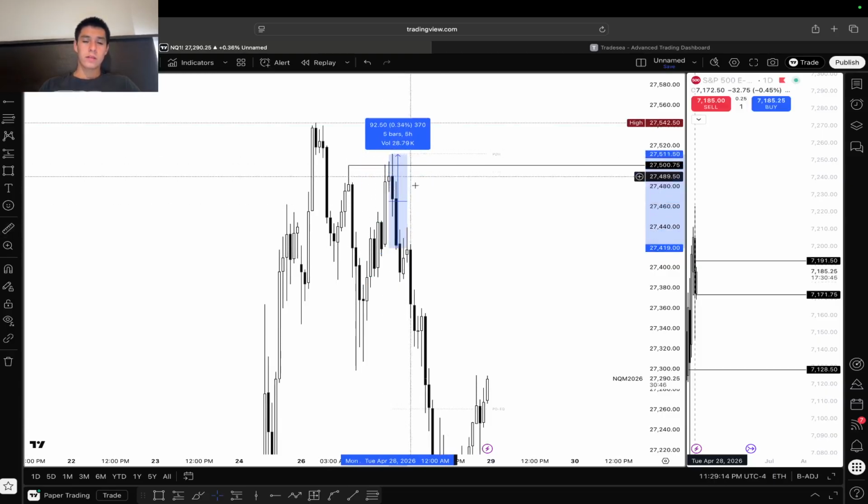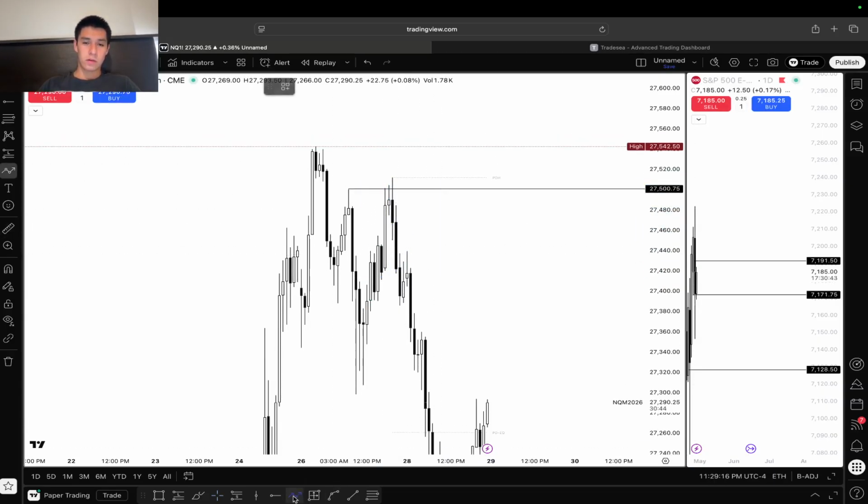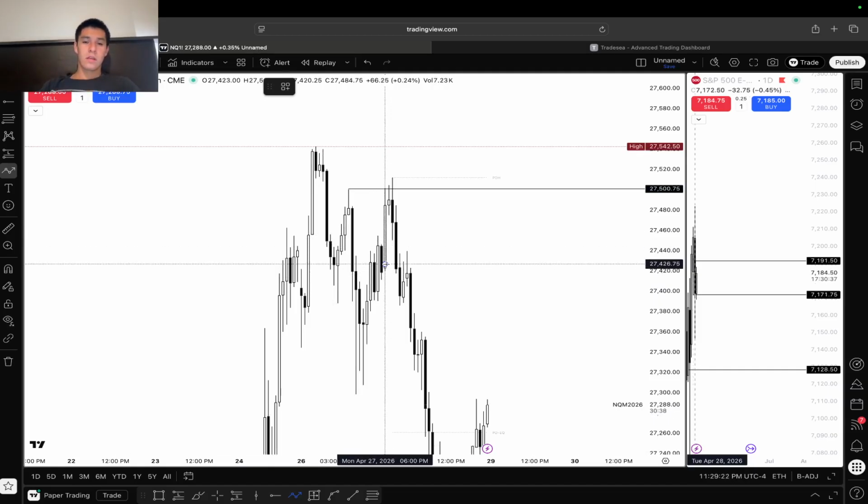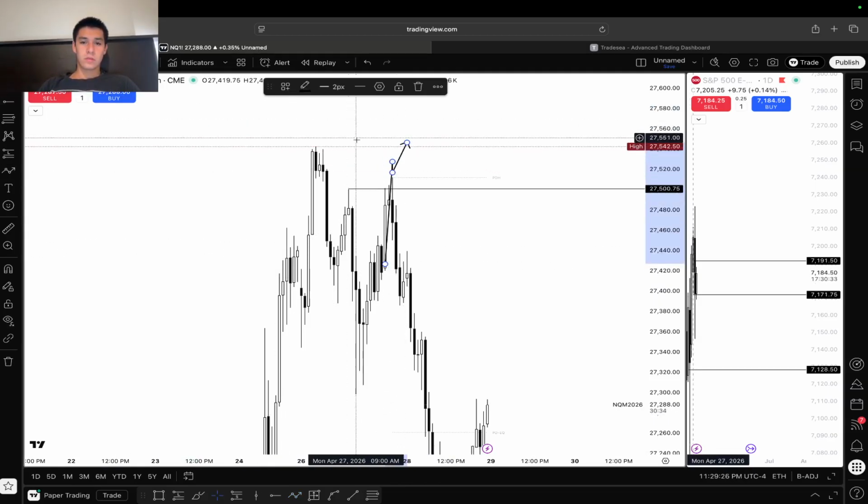We took out this high, and if we are going to be truly bullish back to all-time highs, usually we just run instantly through this high and not even get much of a pullback, we just go straight through there, right?